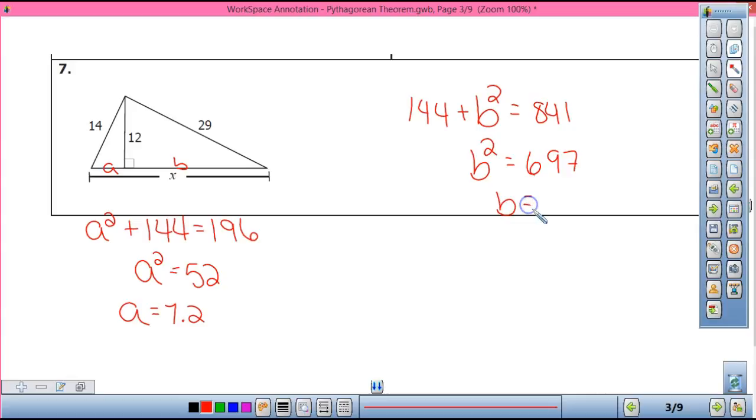B is 26.4. So what am I going to do with those two numbers? Because now I have A and I have B, but I need the whole thing. Okay, so if I add them, I get 33.6. So to get some of these sides today, we're going to have to find some littler parts. Make sense?